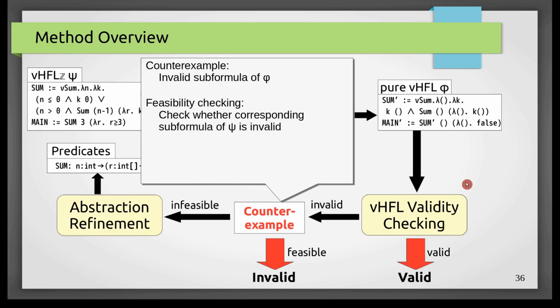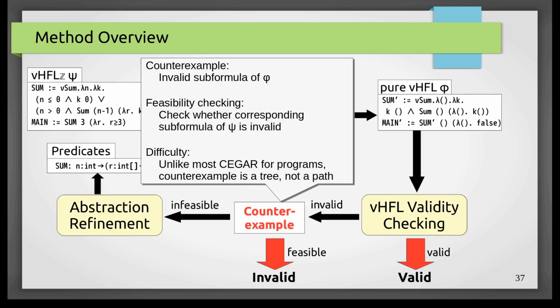Given a counterexample, we check its feasibility by calculating the corresponding subformula of the original formula psi. Unlike most CEGAR algorithms for programs, the counterexample is a tree-structured formula, not a single execution path. So we need a more elaborate solution.